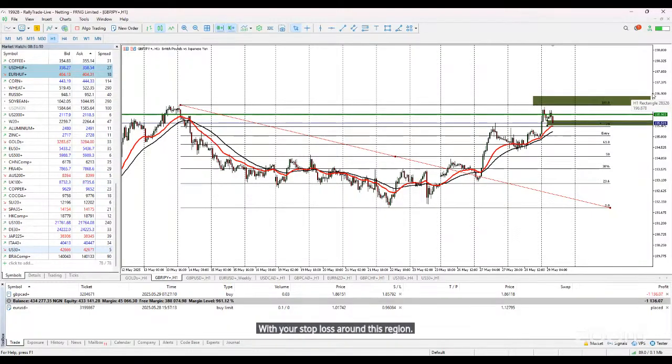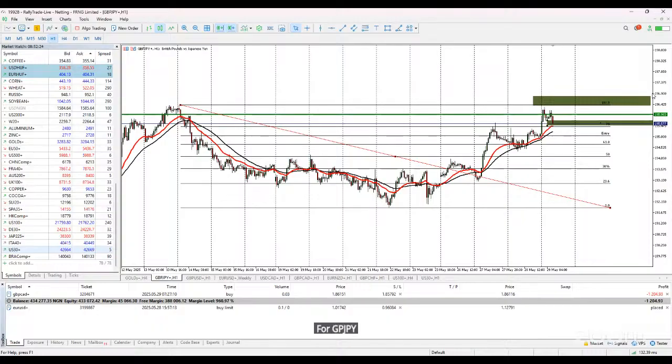So as it stands on GBPJPY, we can take advantage of this region. As for GBPJPY for today, it has touched the resistance region, so you're expecting a little pullback for GBPJPY.